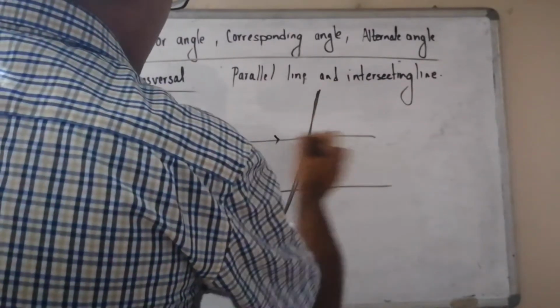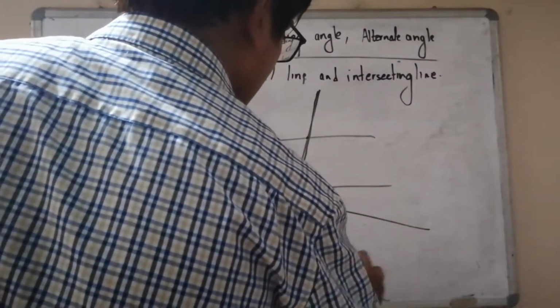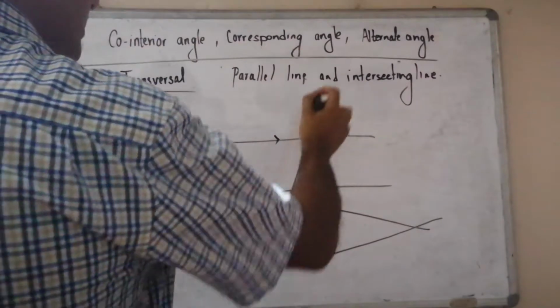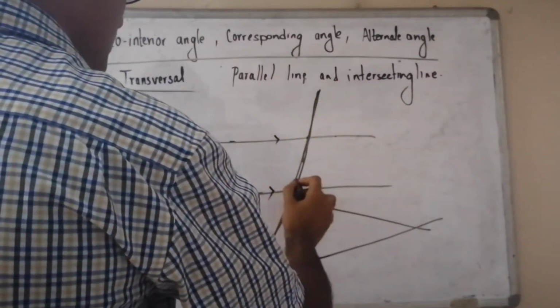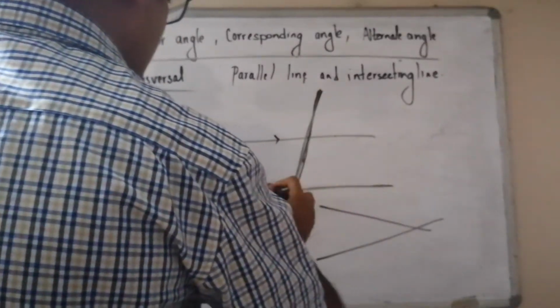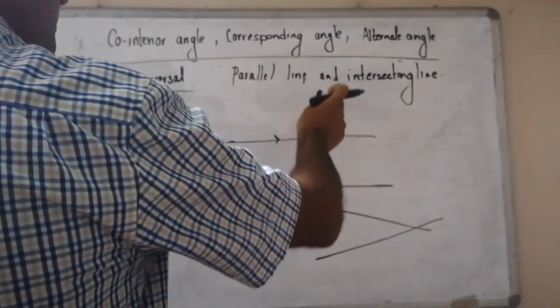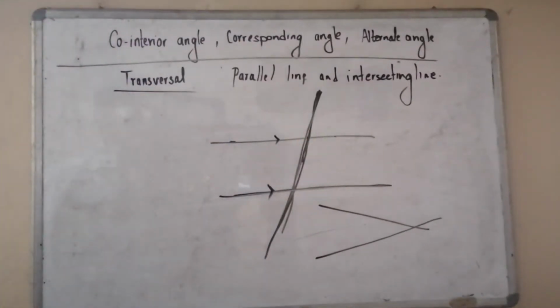So this is a parallel line, this is a transversal, and intersecting lines are those lines which get intersected. Here you can see the intersecting lines. These two lines are intersecting, and this line is also intersecting here. And if it intersects the parallel lines at 2 points, then that is a transversal.